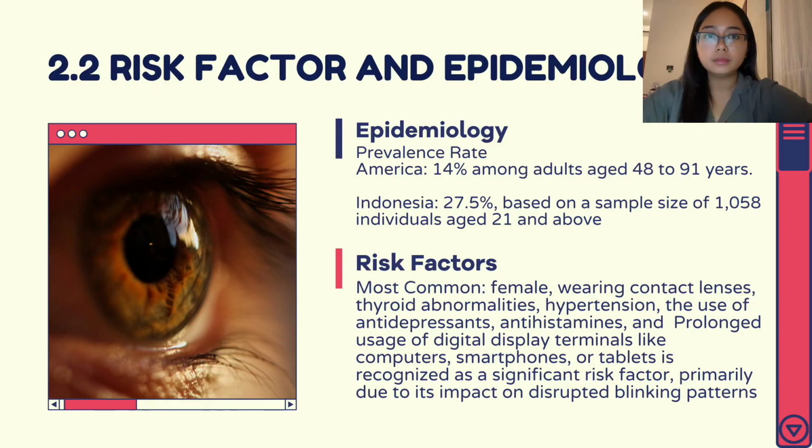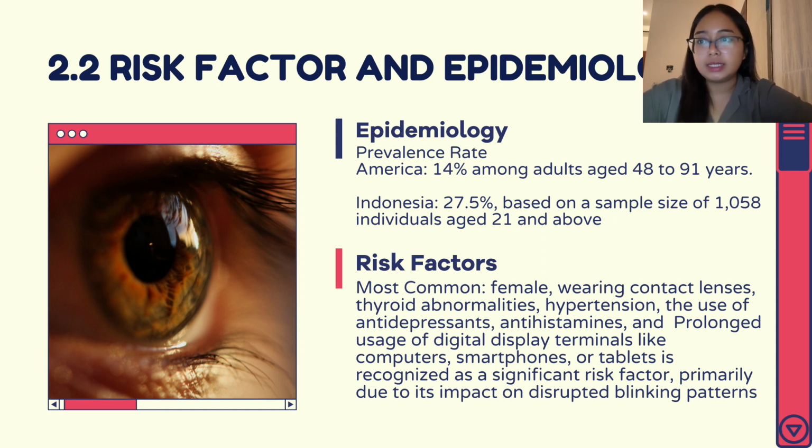Thank you. Hello, my name is Nadya Zalfa with the last 3 digits of identification number 079, and I would like to deliver 2.2 about risk factors and epidemiology. So, according to research conducted in 2020 in America, there is a prevalence rate of approximately 14% among adults aged 48 to 91 years.